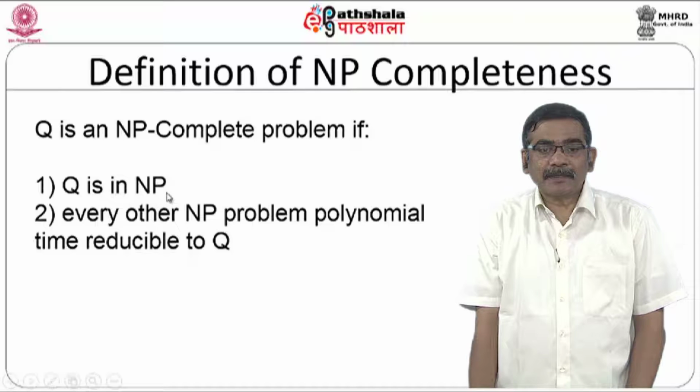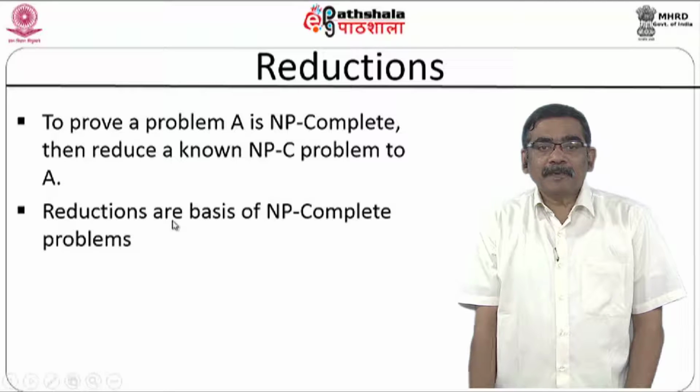That means we have to give a proof that it is very difficult to solve this problem, and we have to prove that all other NP problems are polynomially convertible or reducible to problem Q. If this is the case, then we can call Q an NP complete problem. So, here the most important thing is reduction. So, what is a reduction?